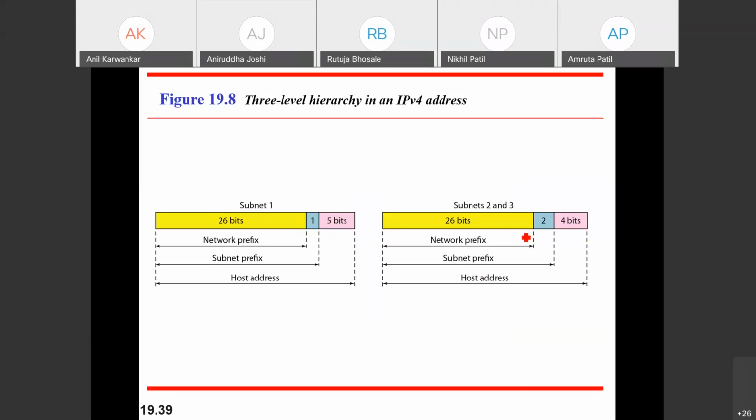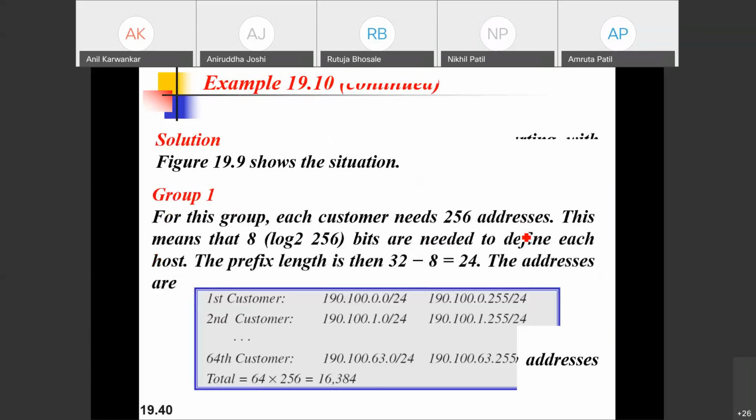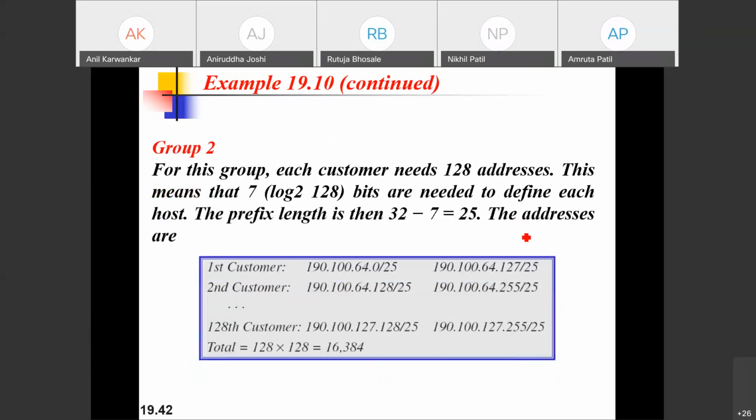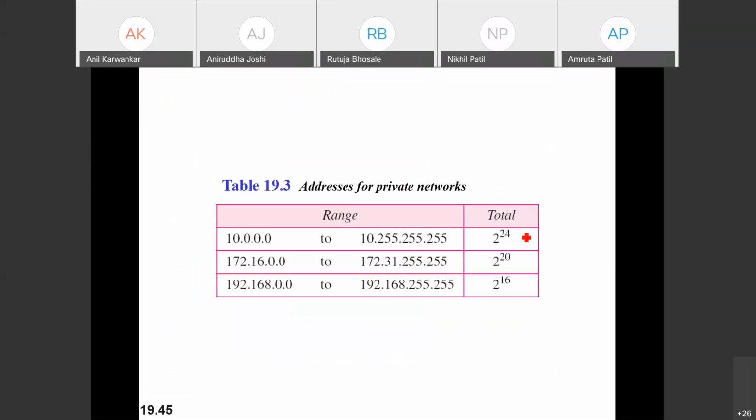Just go through this particular example 19.10 from the book. You can try it for your own configuration.